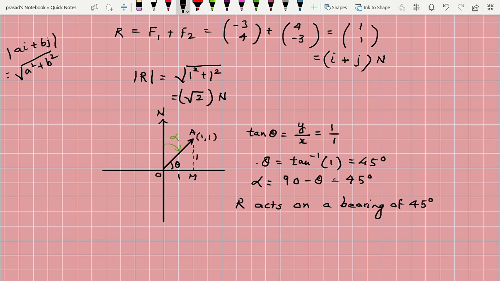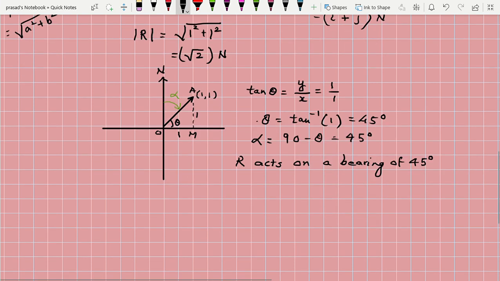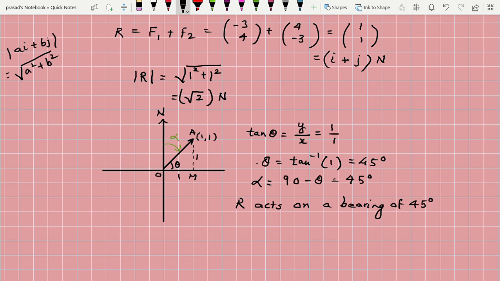Okay, so when you find the resultant, you just add all the forces acting on the object, and if the resultant is in the form ai plus bj, its magnitude is root of a square plus b square.